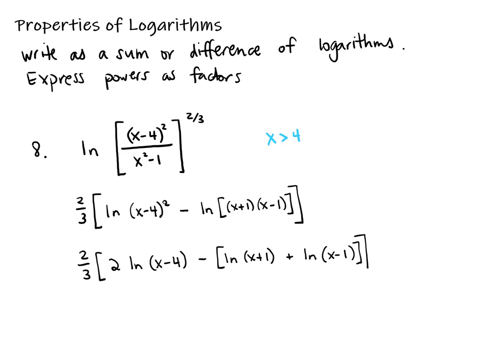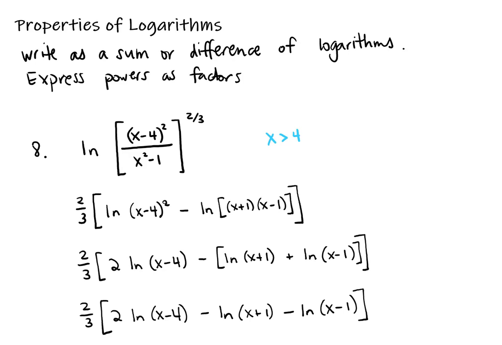And then I have to close my larger bracket. Let's simplify this one more time. I'm going to get 2/3 times 2 ln of x minus 4 minus ln of x plus 1 minus ln of x minus 1.